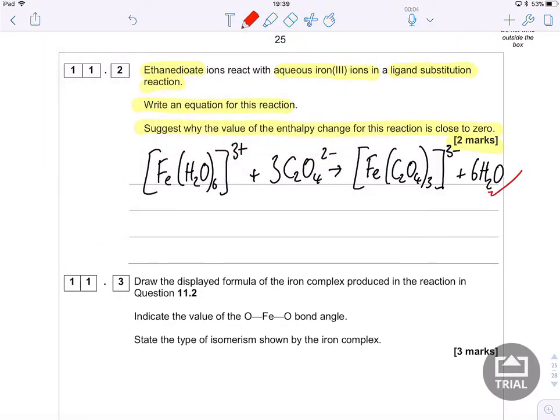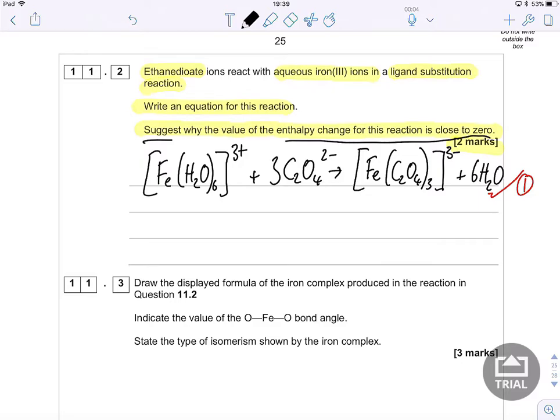So ligand substitution, 1 mark. Second mark, suggest why the value for the enthalpy change for this reaction is close to 0. The enthalpy change is all to do with bonds breaking and bonds being made. Essentially what I'm doing here is swapping 6 oxygen coordinate bonds with 6 oxygen coordinate bonds.